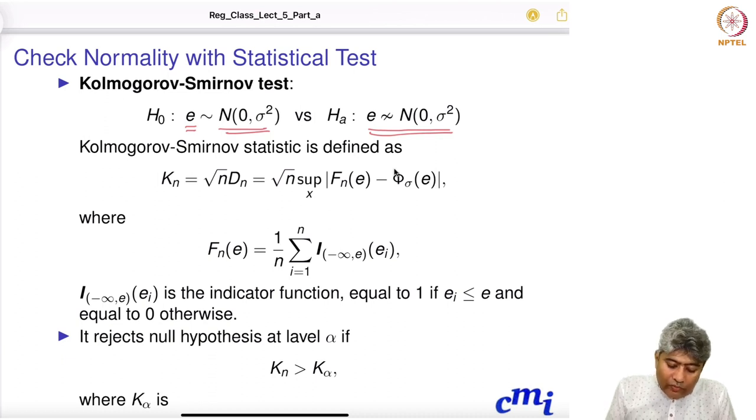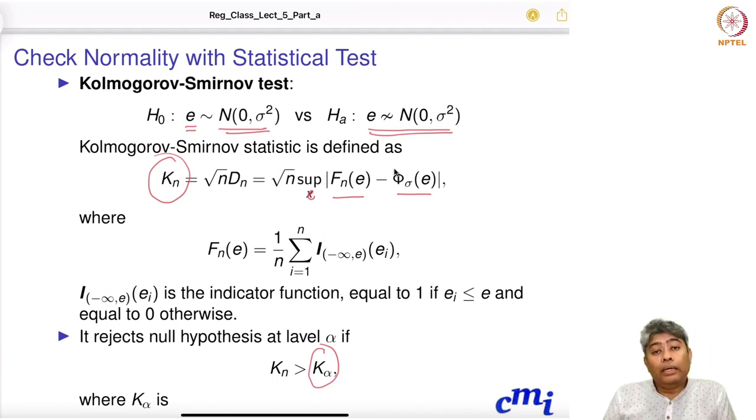The Kolmogorov-Smirnov test statistic is essentially the square root of n times the supremum of the absolute value of F_n(e) minus Phi of e over sigma. There will be a critical point K alpha at level alpha, and if K_n is greater than K alpha, you reject the null hypothesis.